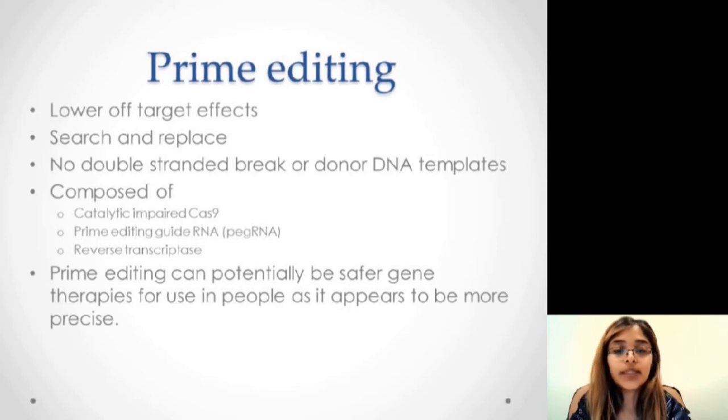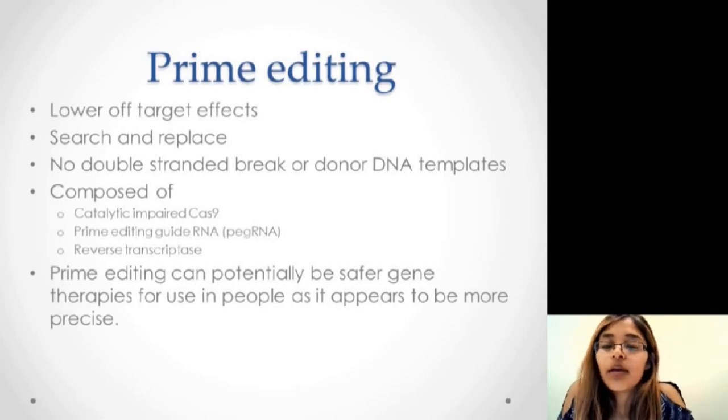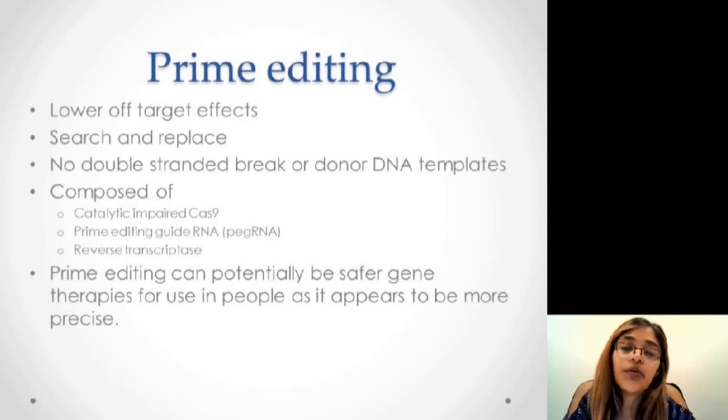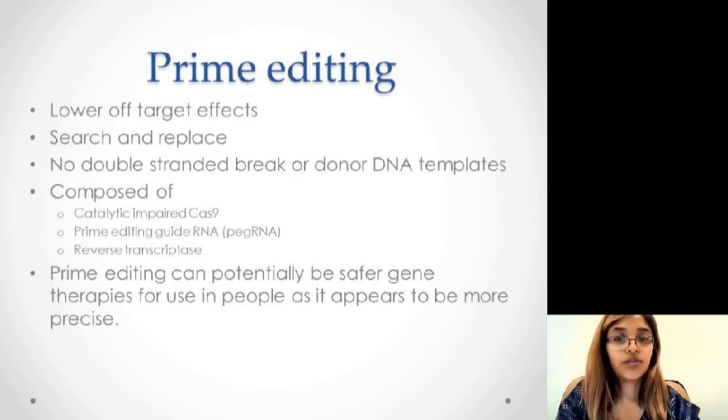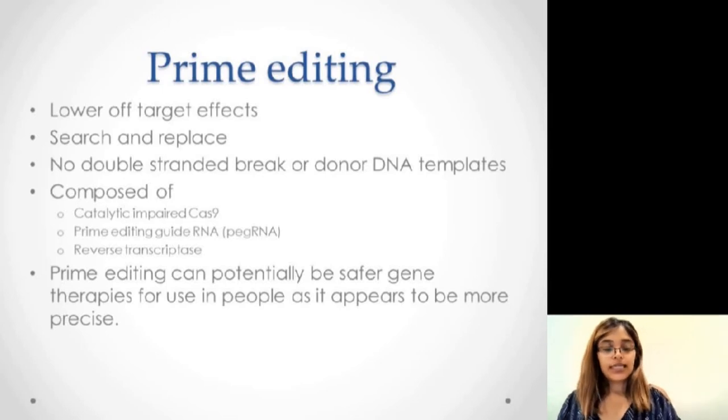The complex is composed of an impaired Cas9. So what they did is modify the Cas9 to only cut one strand of DNA, and then they also attached it to a reverse transcriptase, which is guided by the prime editing guide RNA, which we're going to be talking about later.